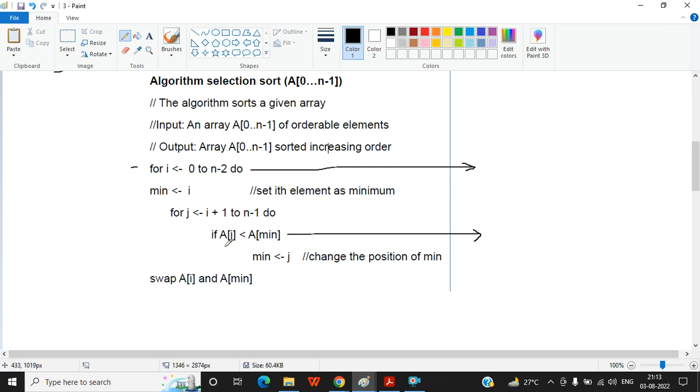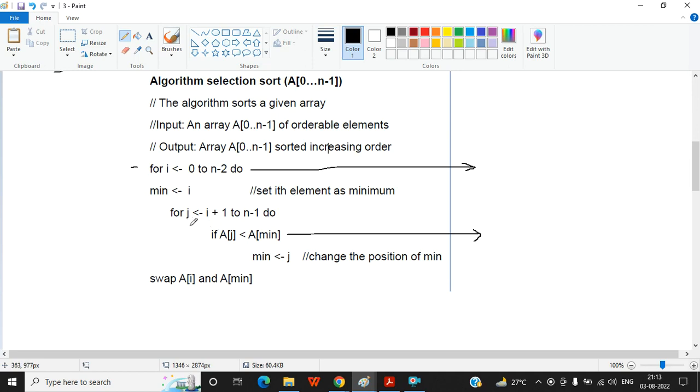So how many times will this if condition take place? For the inner loop, say for example here 6 times, means 6 into the outer loop's 5 times, means into 5. Totally 30 times we can consider that way.